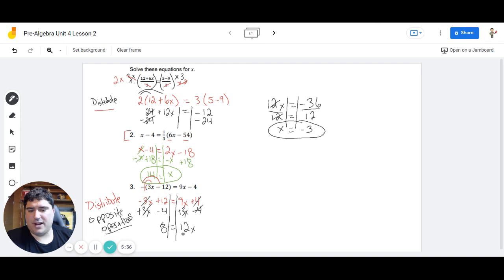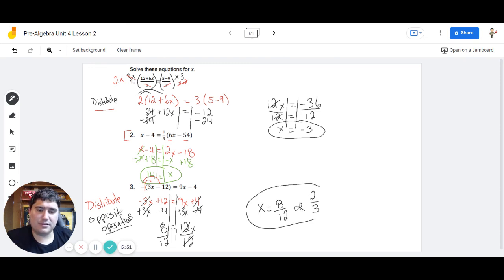So 12x is 8. We divide each side by 12, divide by 12, cancel, cancel, and we're left with x equals 8 over 12, or if we want to simplify, that's going to be 2/3. Hopefully it's not too bad.